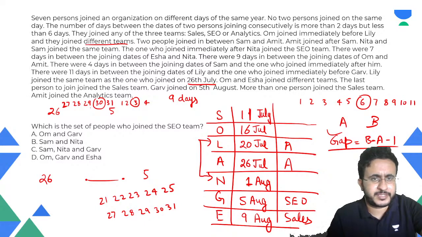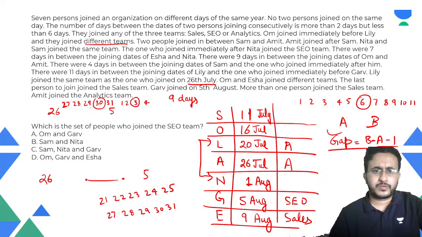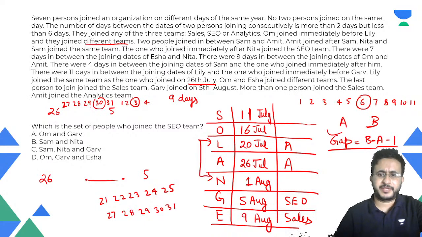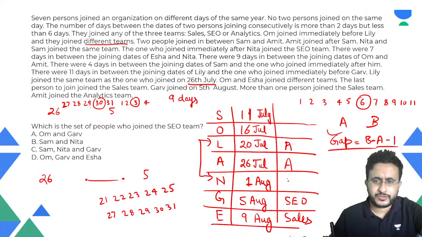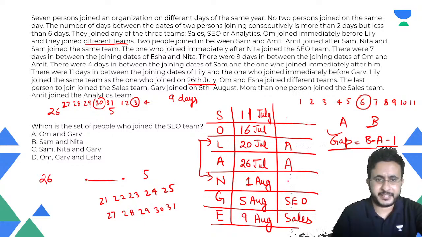SEO, सेल्स और ये सब बचा है ना. नीता एंड सैम सेम टीम है, सॉरी, नीता सैम सेम टीम है. सो नीता सैम can be sales also, they can be SEO also.